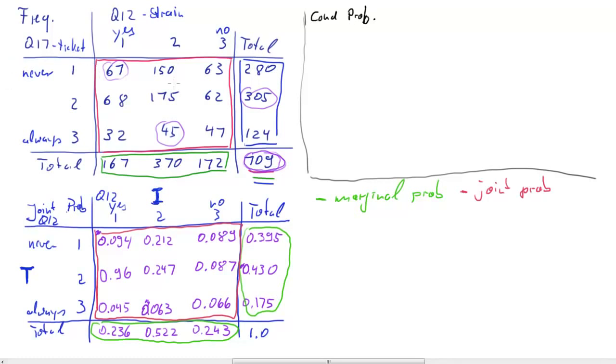Okay, so I just give these random variables short names, t and I, t for ticket, I for immigrant. So we want the probability for the outcomes of t conditional on particular values for I.